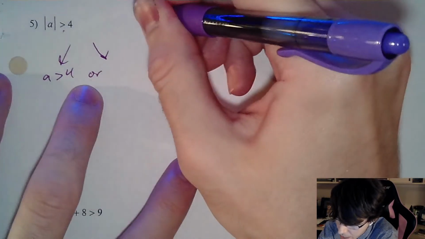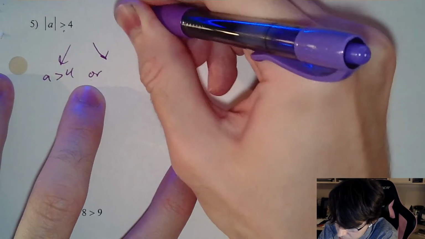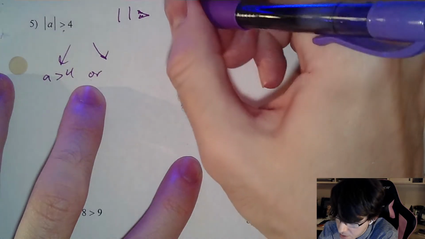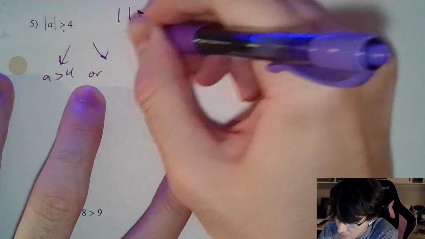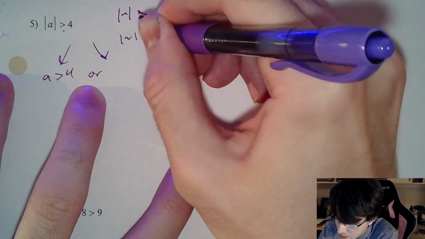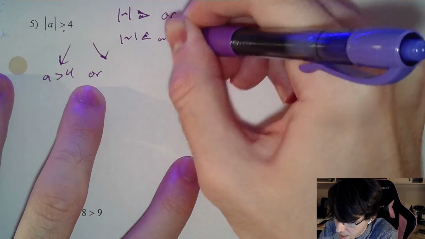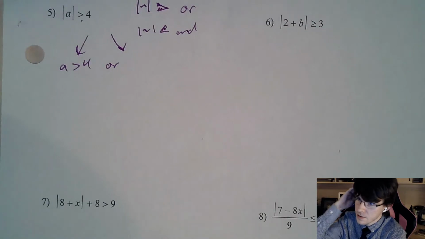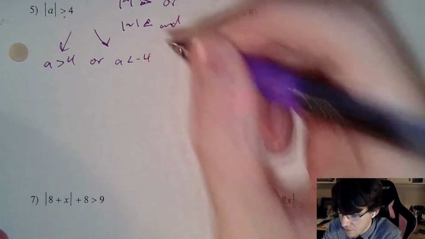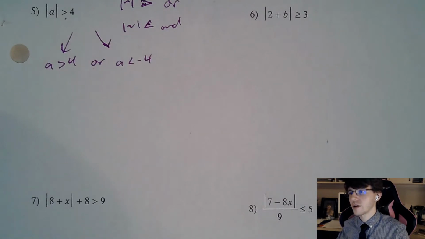Just a reminder, if your alligator is eating those absolute values, maybe put those little teeth on the little alligator, this always creates an or. But if your alligator is eating the number, it creates an and, just a reminder. So now this one does create an or. A is greater than 4, or A is less than negative 4. You always flip the sign and make the right side negative.